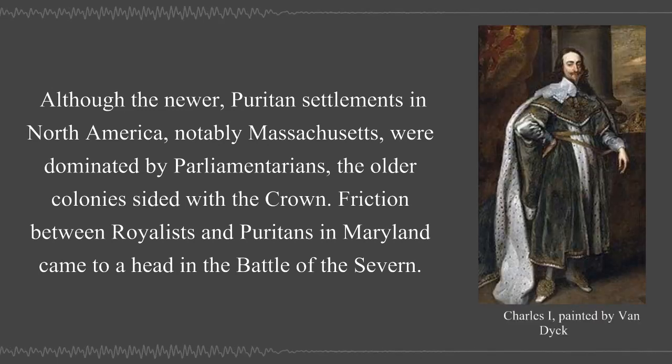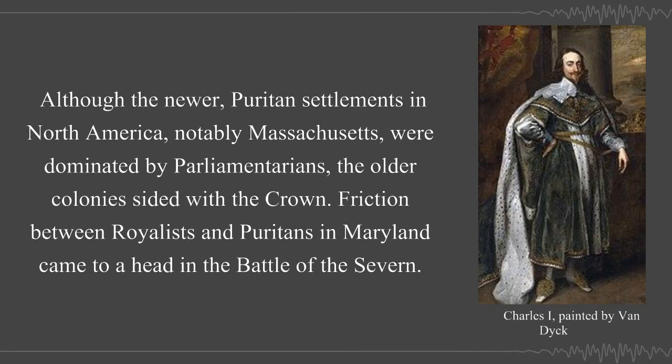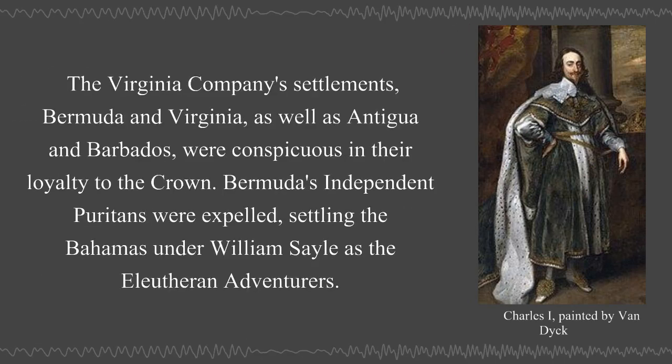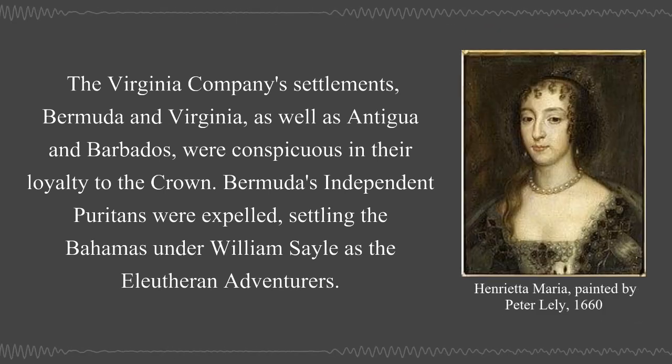Friction between Royalists and Puritans in Maryland came to a head in the Battle of the Severn. The Virginia Company's settlements, Bermuda and Virginia, as well as Antigua and Barbados, were conspicuous in their loyalty to the crown. Bermuda's independent Puritans were expelled, settling the Bahamas under William Sale as the Eleutheran Adventurers.